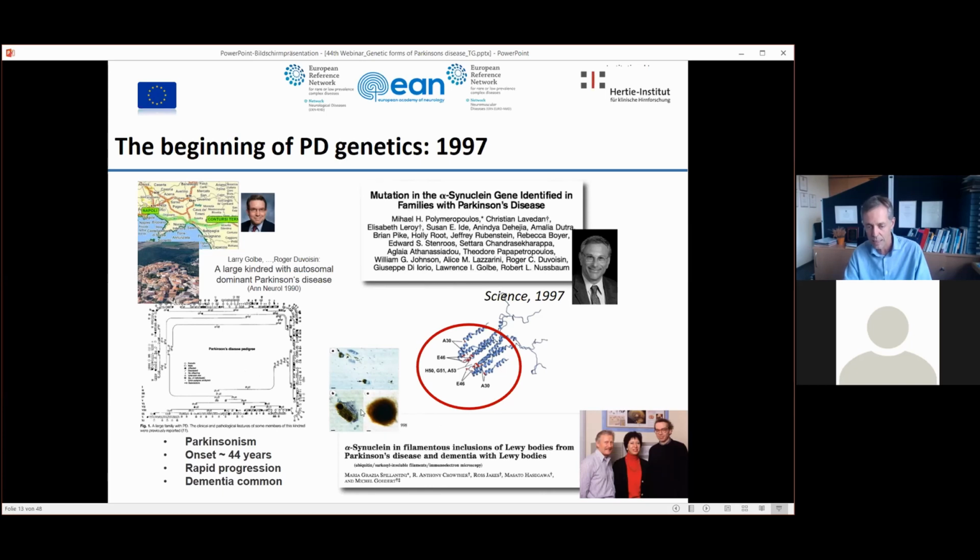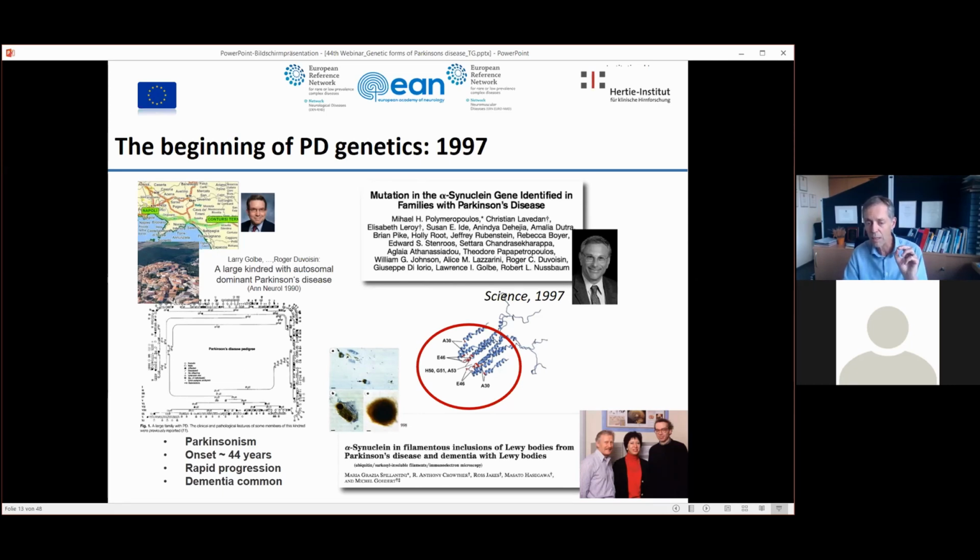They used an antibody to alpha-synuclein and could show that it stained the alpha-synuclein in the brains of Parkinson's disease patients, not only those with mutations, but also those without mutations in this gene.